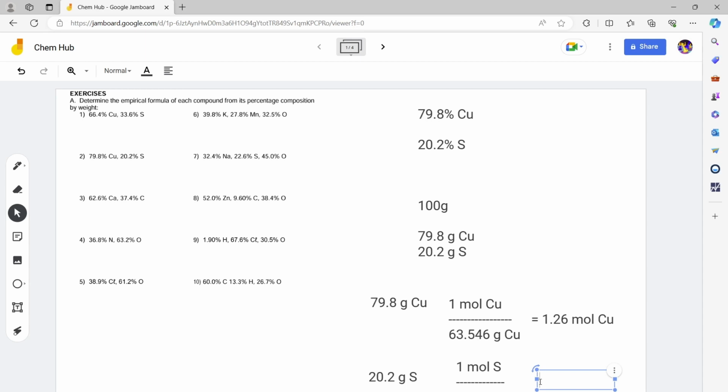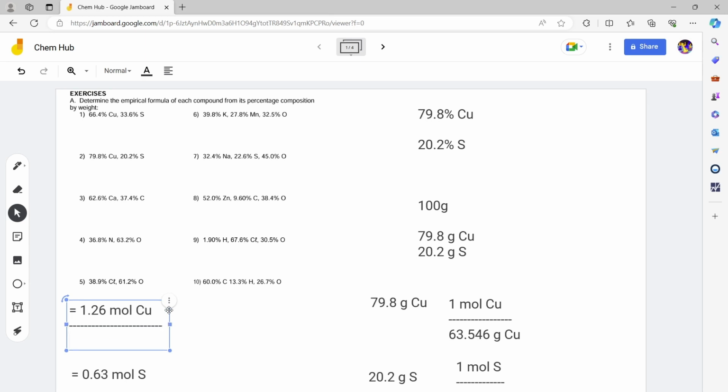There's just no approximation symbol when typing on a keyboard. Now for the bottom one, we get about 0.63. And so now we're going to want to take these values and divide them by the smallest, which essentially means we're going to divide it by 0.6 moles.